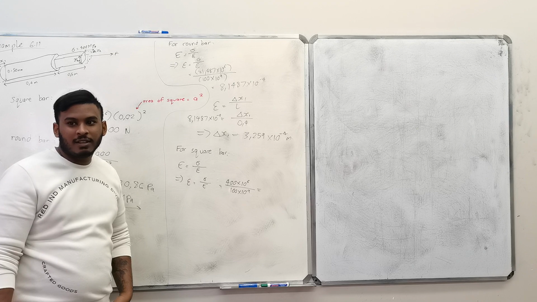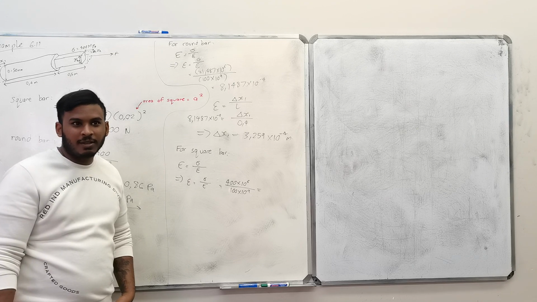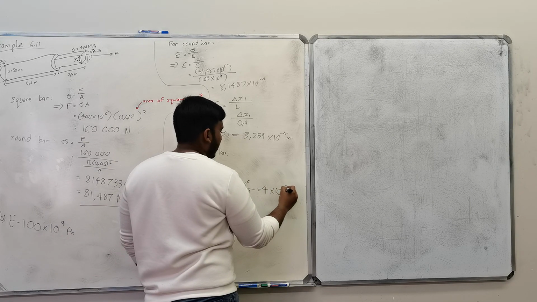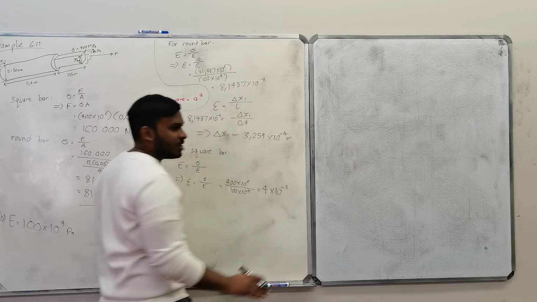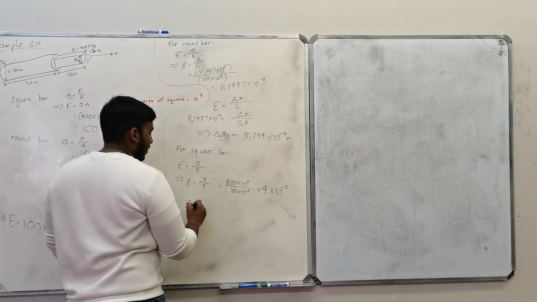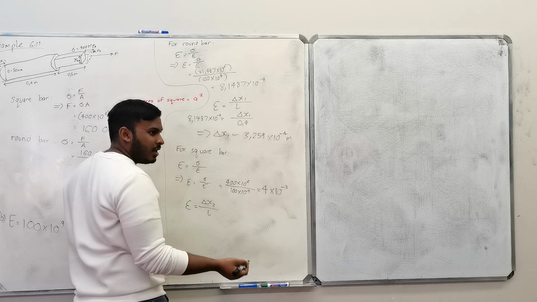It's 4 times 10 exponent minus 3. That's the strain. Strain will be equal to a change in x2 all over the original length, right?